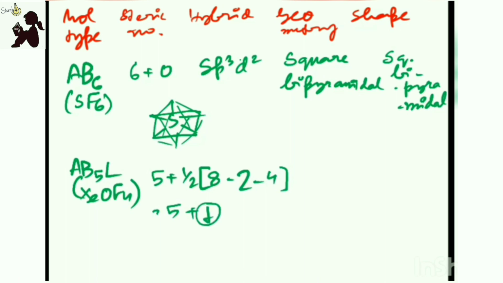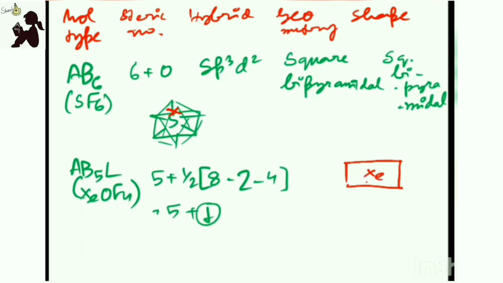So its hybridization will be sp3d2 and square bipyramidal will be its geometry. But what will be its shape? One bond is excluded from it. So its shape will come like this. It will have this square base here.